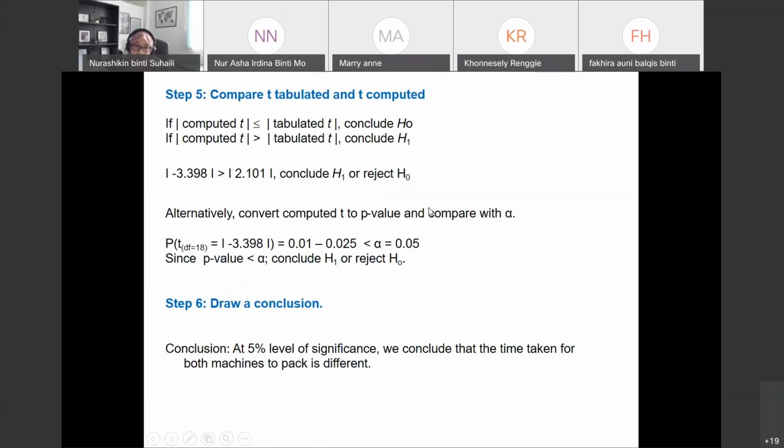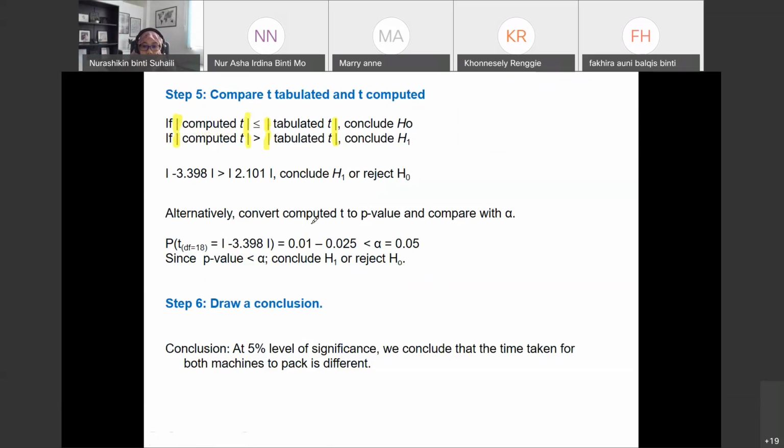Now the T computed is minus 3.398. Remember, when you make the decision, the comparison should use the absolute value. See the bar there? Don't confuse it with the negative value just now. This bar means you only consider the positive value.